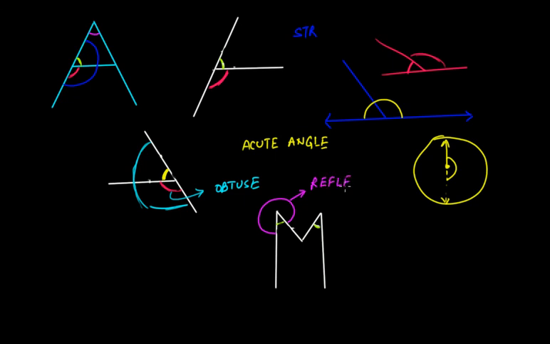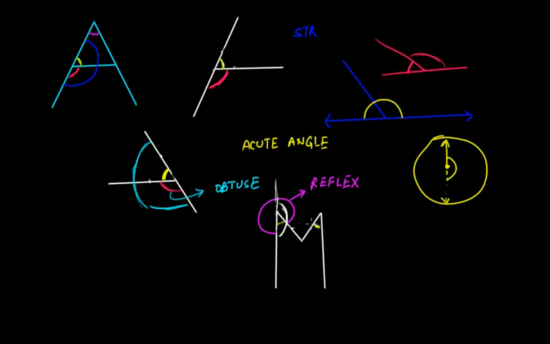Because for any angle to be a reflex angle, it should be greater than 180 degrees but less than 360 degrees. Of course, this outer angle between these line segments is greater than 180 degrees, because 180 degrees will be this angle, and this is greater than that and less than 360, therefore this is a reflex angle.